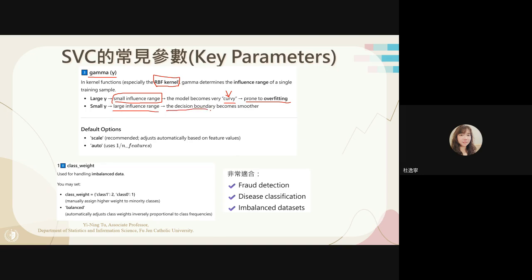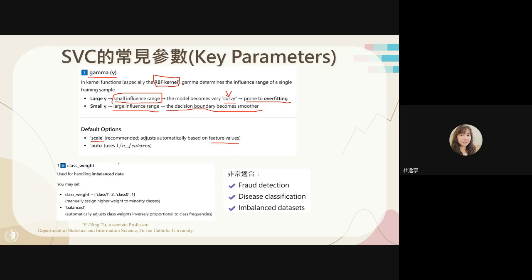The decision boundary will become smoother. So you can determine your gamma. Default options: scale is recommended, adjusting automatically based on the feature values, and auto uses 1 divided by n features.